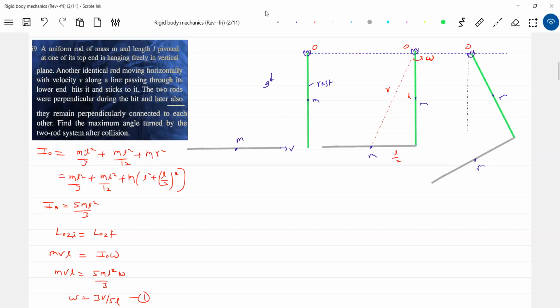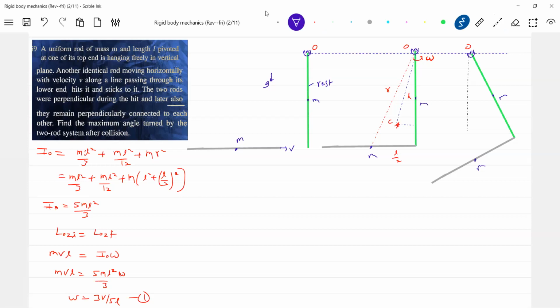For that, let me get into the center of mass. Where will the center of mass of the system be? This is M, this is M. So it should be 3L/4 and L/4 from here. So the center of mass of the system, I'll put a star mark here.